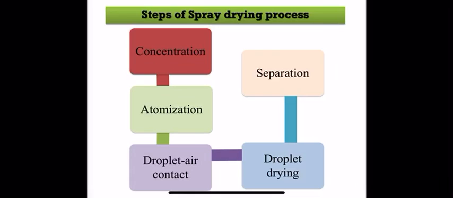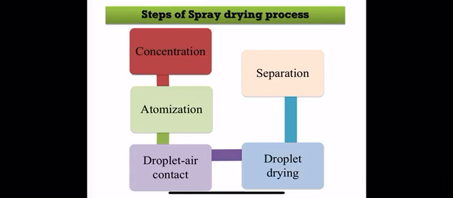When it has been converted into a fine powder, we still have two things in the chamber: the air that is still present there, and the fine powder. We need to separate both of them. For this we use cyclone separators.